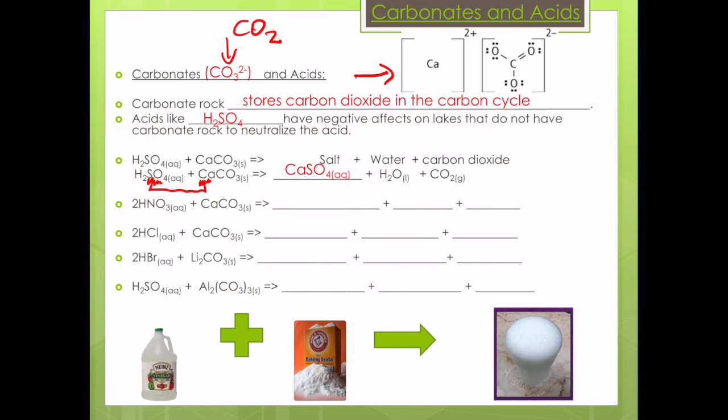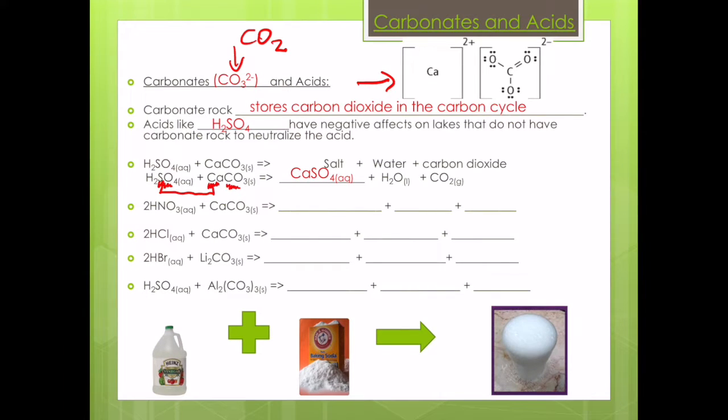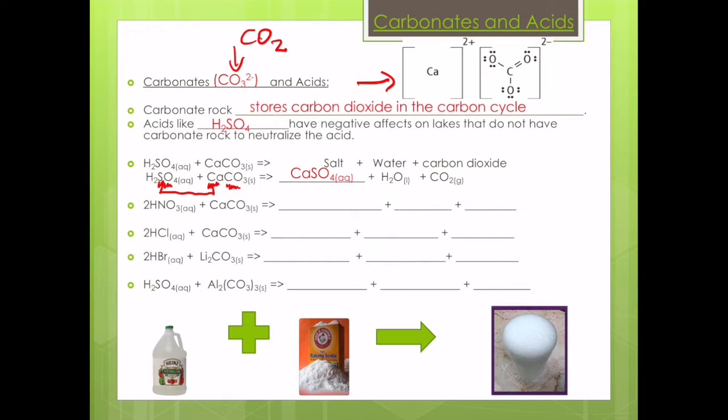You've got calcium sulfate, and you have some leftovers. You can still see that you've got this, right? So what can you get? When you think about every science fair you ever went to, when they added baking soda and an acid, you get the fizzy bubbles, right? So when you have carbonates and acids, one of the things you've got to be aware of is it is going to neutralize.